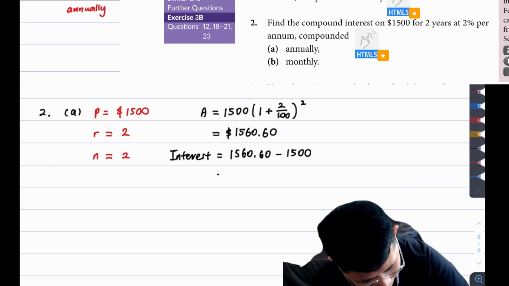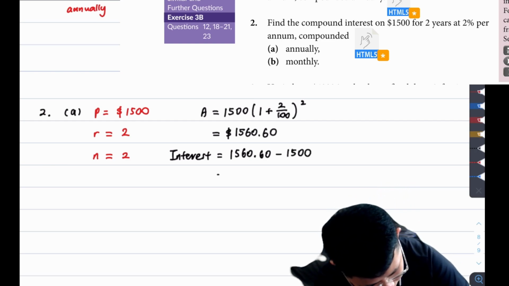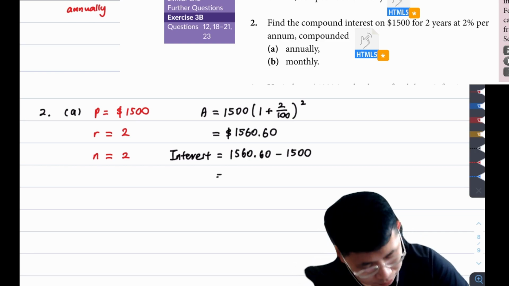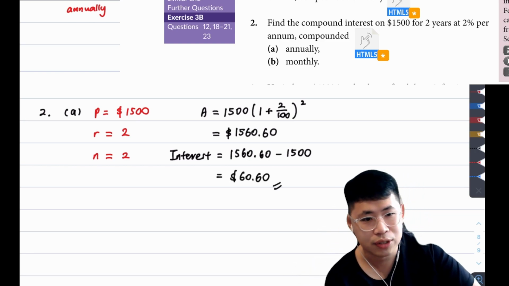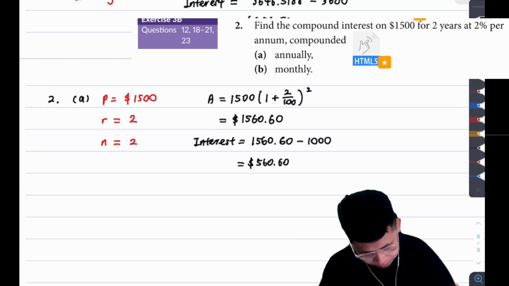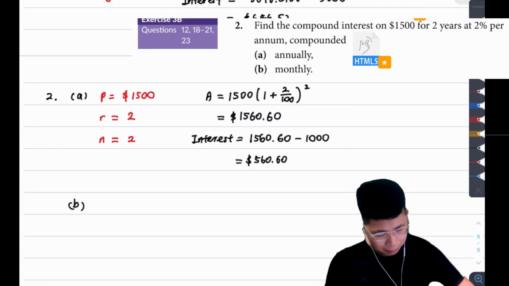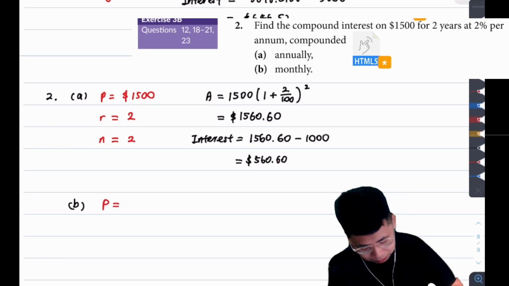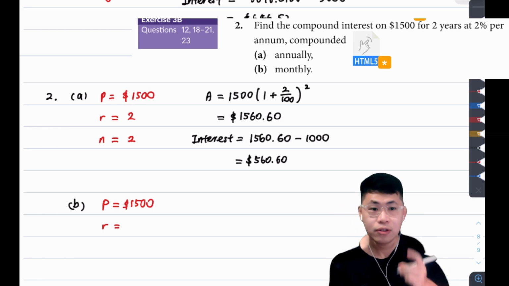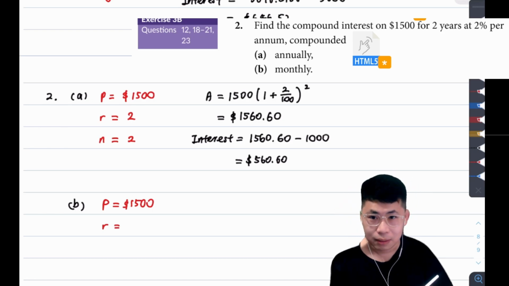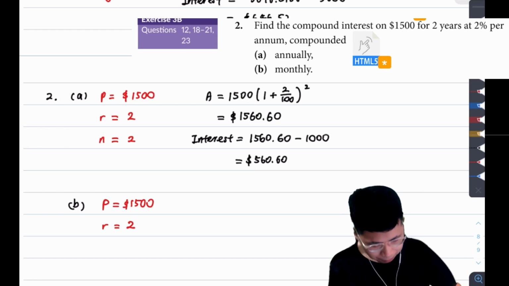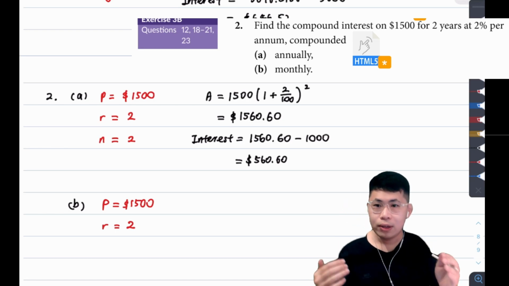So we have $60.60 as the interest. Now part B will be the interesting one. In part B, the principal amount is the same, however the interest rate is 2% per annum, but this is for 1 whole year.